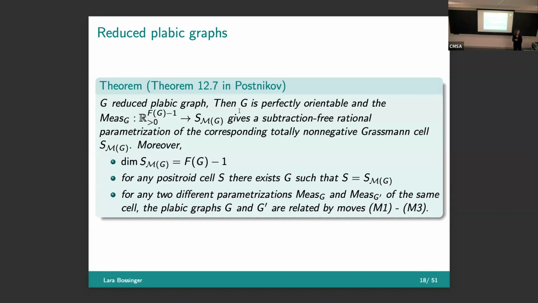If you replace the non-negative Grassmannian cell, you only go from positive real numbers? Yes, but then we have to include a wider class of plabic graphs.